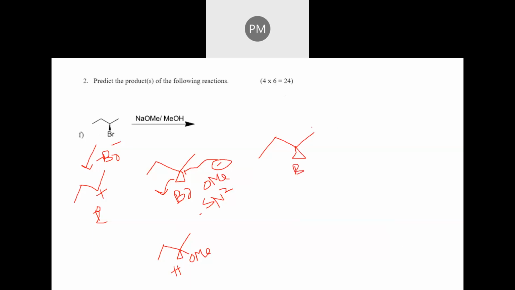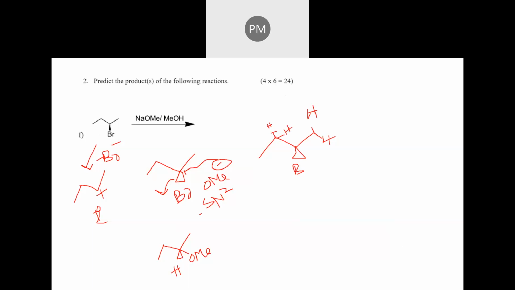So this one is CH2, so there will be two hydrogens.